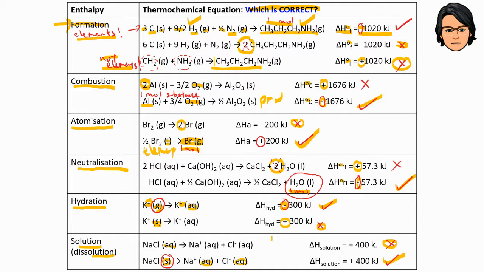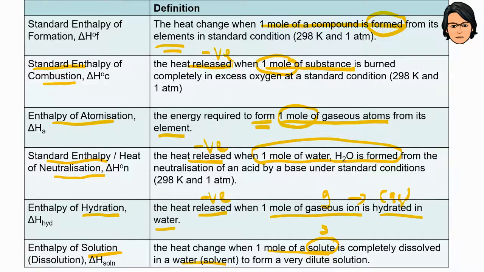So in order to write the thermochemical equation, you must really memorize or understand all the definitions of enthalpy. Is it heat release? Is it heat absorbed? Then 1 mole refers to what substance? Is it reactant? Is it product? Is it water for neutralization?